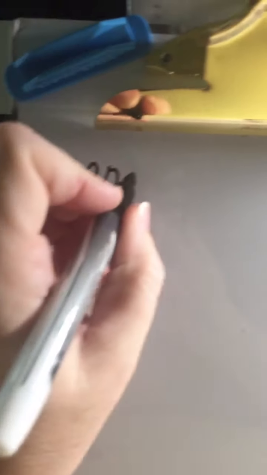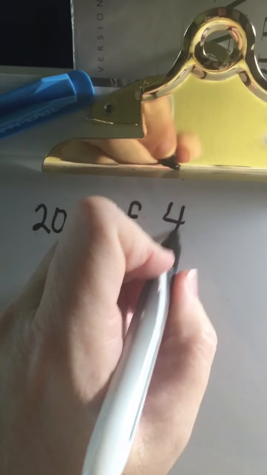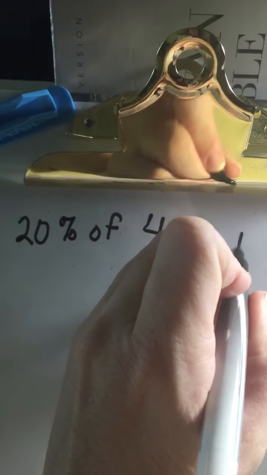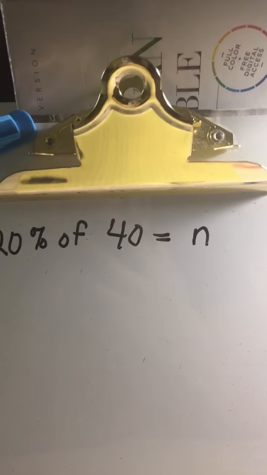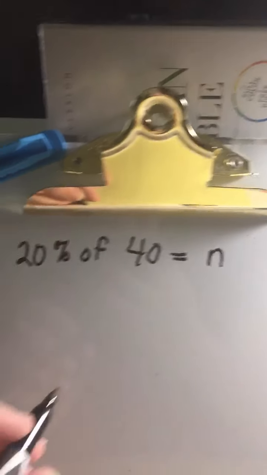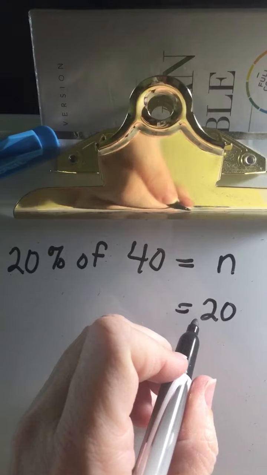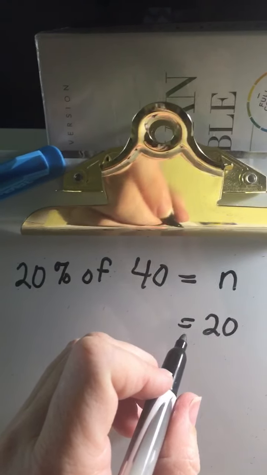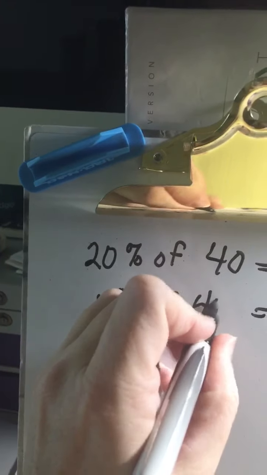Well, let's look at it for a minute. The first one said, what is 20% of 40? That was the first one. The second one says 20 is, the word is means equals, 20 is what percent of 40?